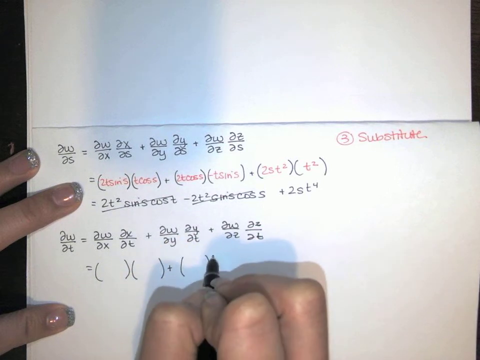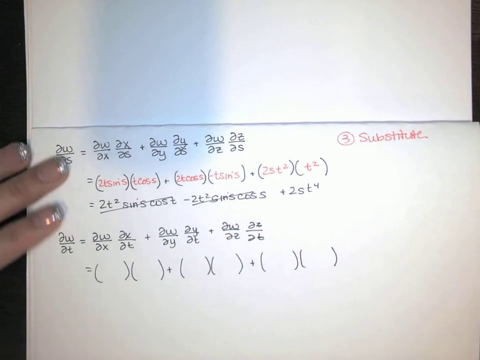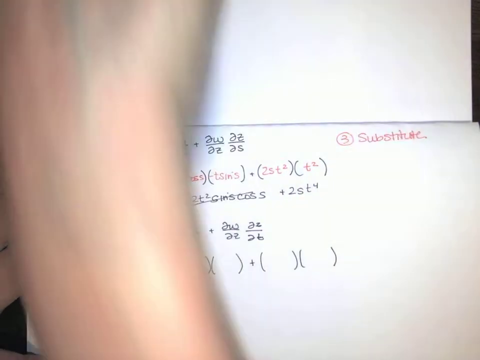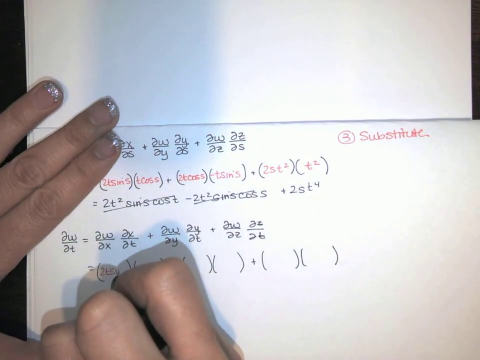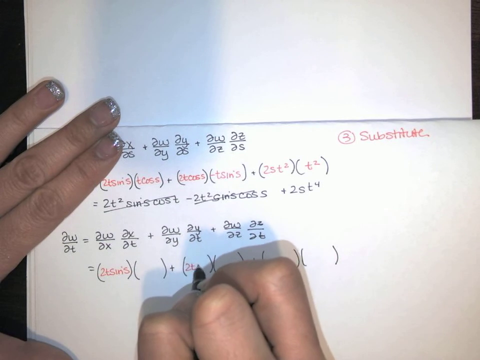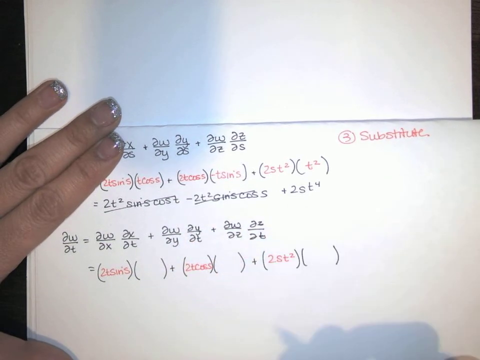Now you've already done those partials of w with respect to x, y, and z, so you can just substitute those again. So we get 2t sine of s, 2t cosine of s, and 2s t squared.